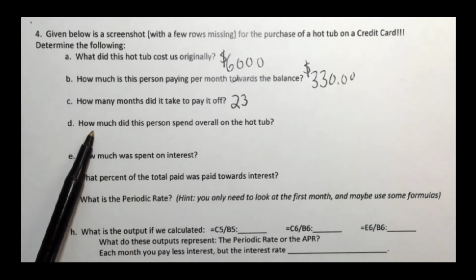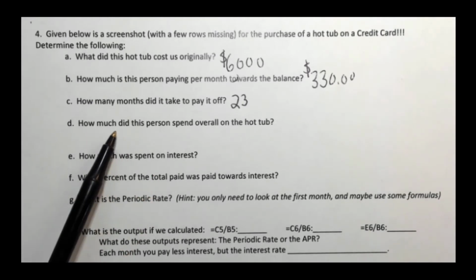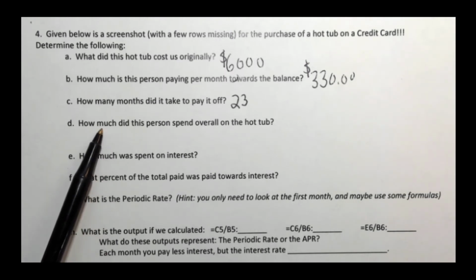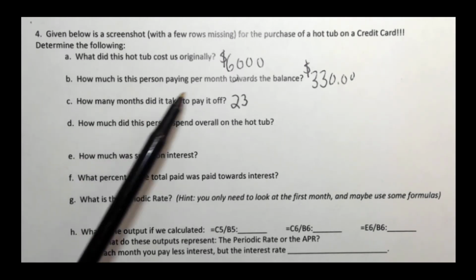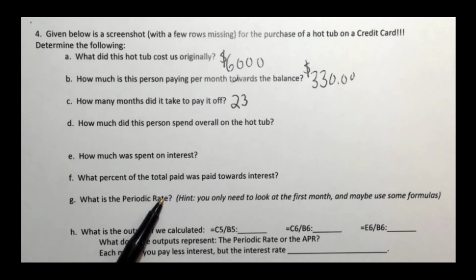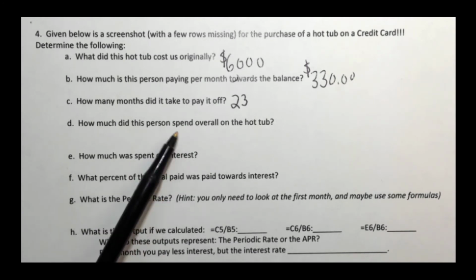So now we want to do how much did this person spend overall on the hot tub? Now I want you to think about that with just the information that we have so far. We'll need one more piece. I'm pausing, I'm stopping, I'm delaying for you to tell me.